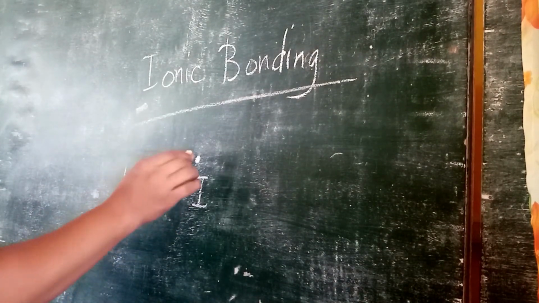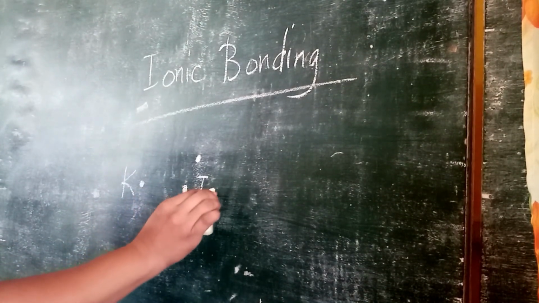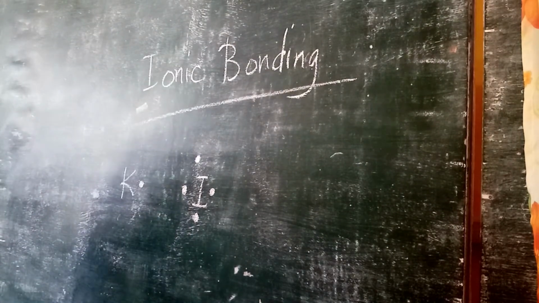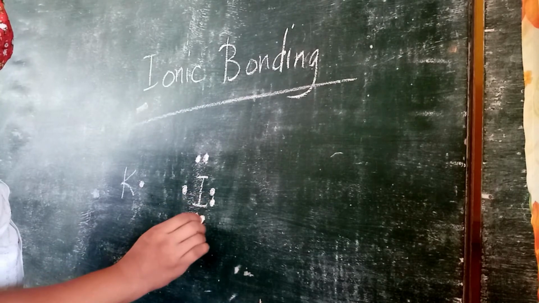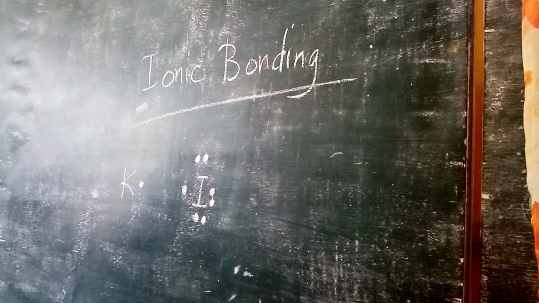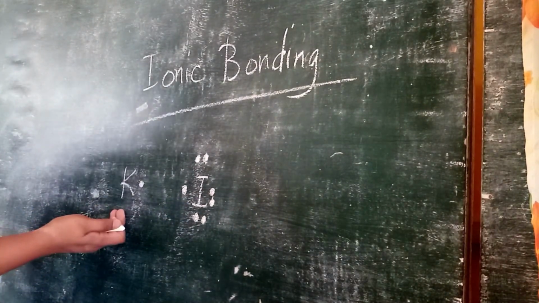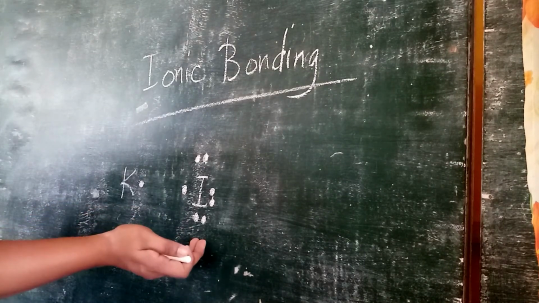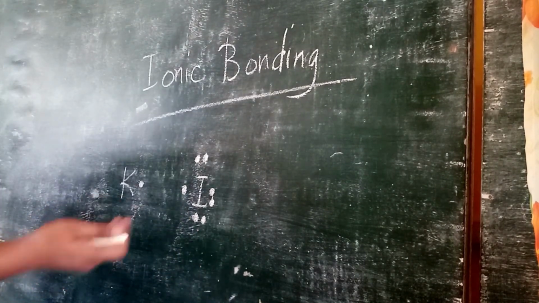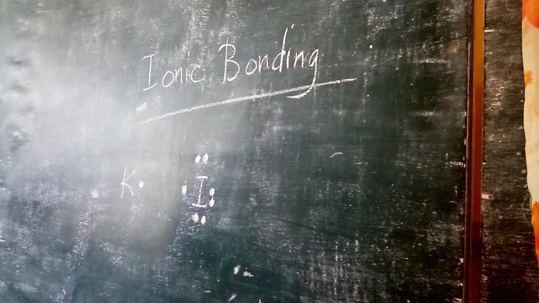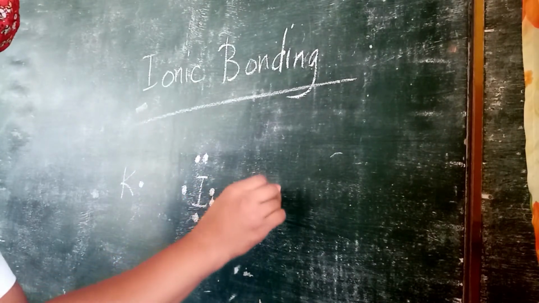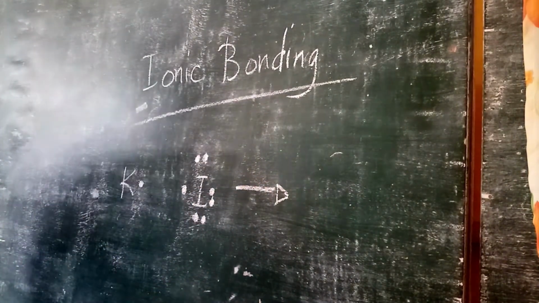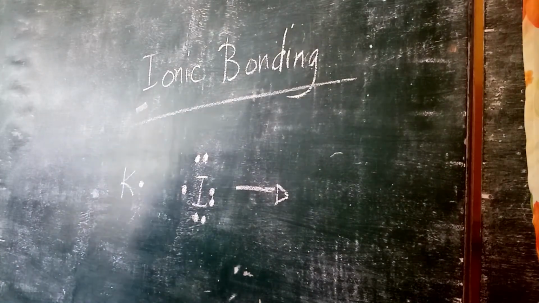So 1, 2, 3, 4. We go around the four first, then start pairing. 5, 6, 7. So potassium has 1 valence electron and iodine has 7 valence electrons. Our goal is to make them stable. Once the electron is transferred, there will be ionic bonding and an ionic compound will be formed.